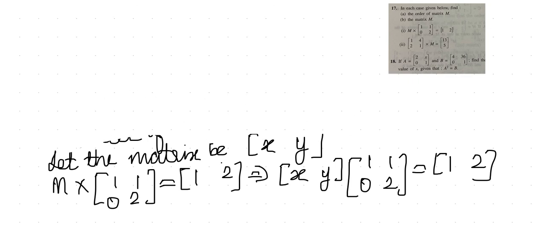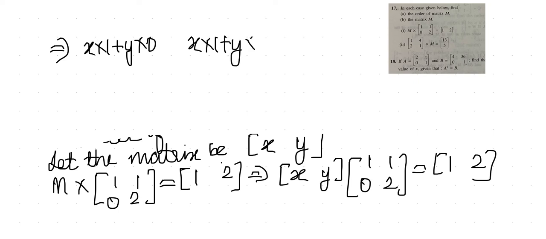So we'll just erase this now. Write down: this implies X into 1 plus Y into 0. And then here you will have X into 1 plus Y into 2, and this is equal to [1, 2].